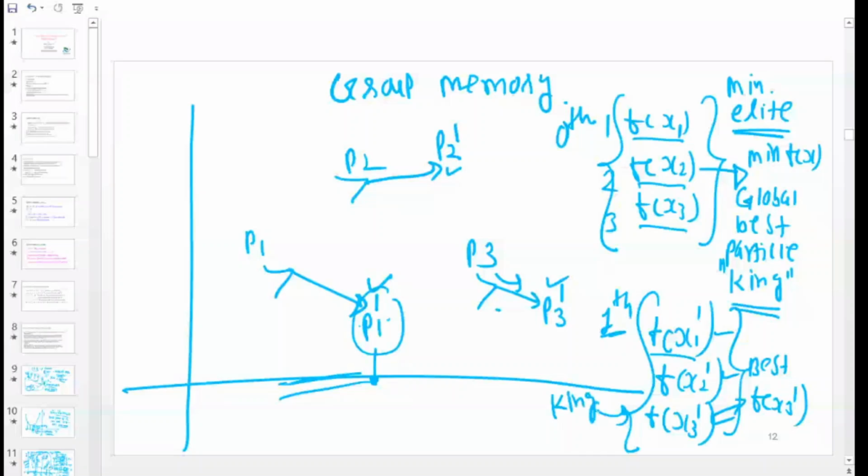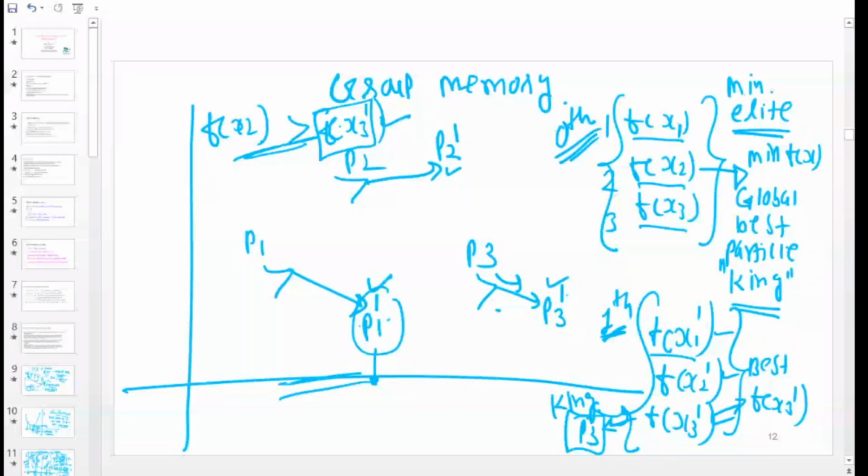Suppose this is lesser than this, then in the subsequent iterations, particle P3 will be considered as the king particle, the global best particle, because it is the best of the remaining particles. Every particle will follow the king particle or the best particle. So this concept is known as the group memory, and it is called group intelligence. Okay.